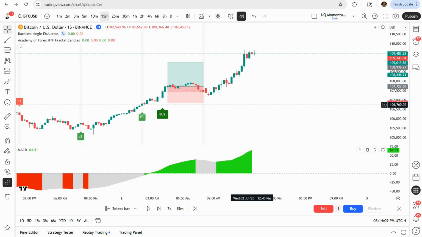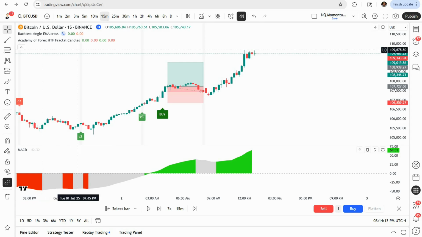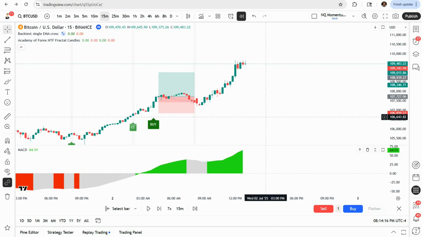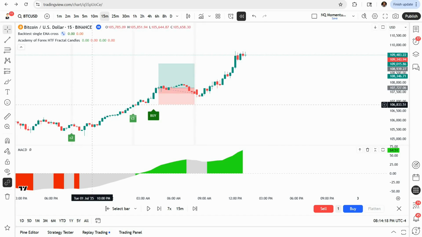And so you can see how using the Academy of Forex indicator, higher time frame fractal candles, was able to filter out a lot of those bad trades while keeping the good trades still intact, turning this strategy here from a break even or loss of a little bit to a nice little profit of $4,000.